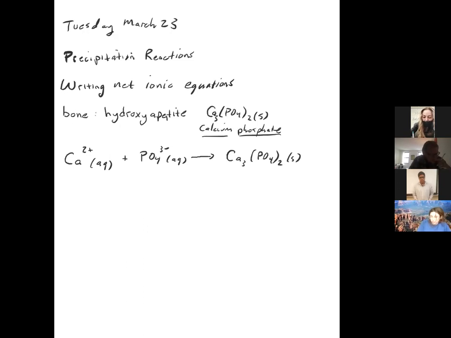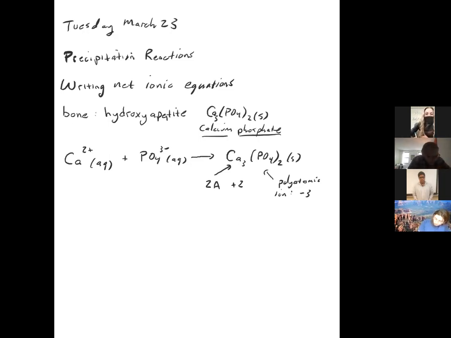And the ratio is 3:2, 3 calciums to every 2 phosphates, because if you recall, calcium is a monatomic ion in group 2A, and all the ions in group 2A are +2. Phosphate is a polyatomic ion. Okay, I talked about that in the last lecture, and it has a charge of -3. So the driving force behind forming an ionic compound is that the total positive charge has got to balance the total negative charge.